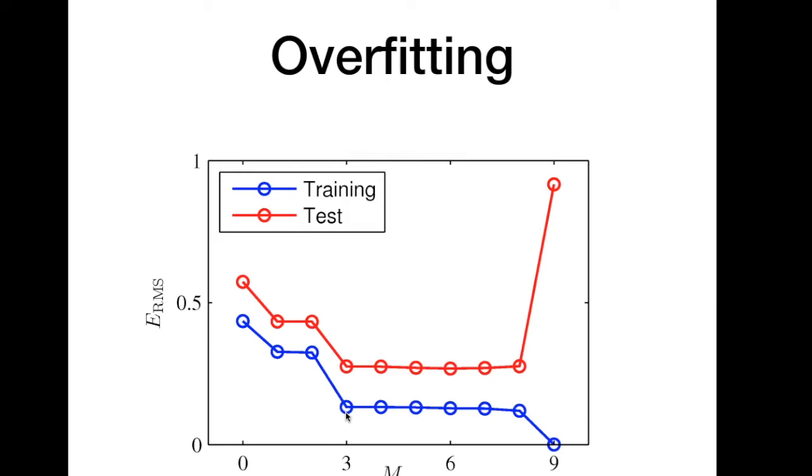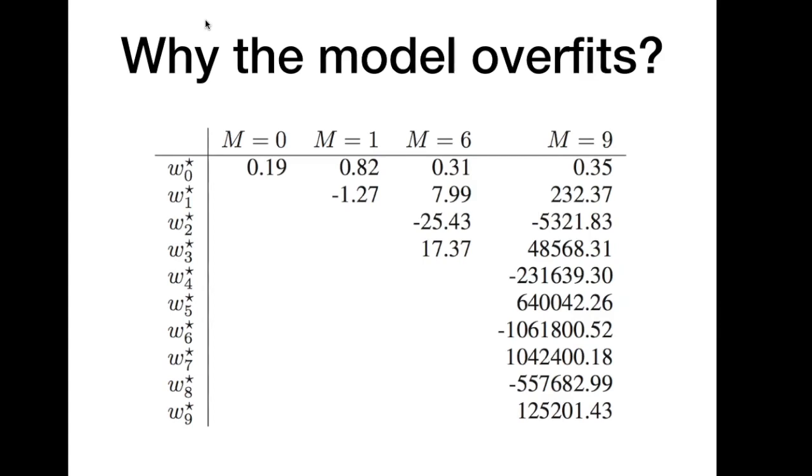Now let's move on to a deeper understanding of overfitting, that is, why overfitting happens or what leads to overfitting. For this, we have to examine the weights or coefficient values of the polynomial function. As shown on your screen, as we increase the order of the polynomial, the coefficient values become very large.